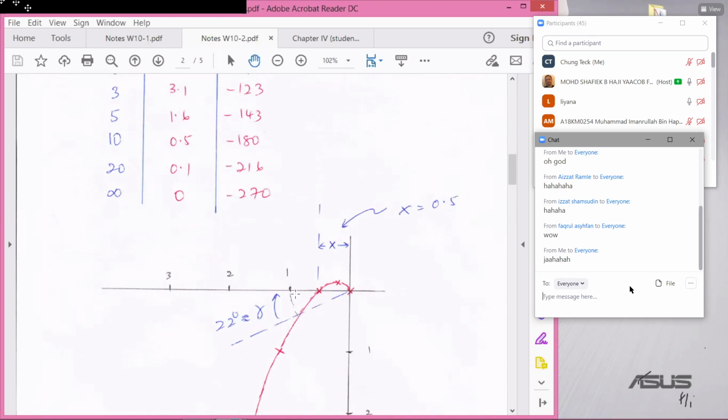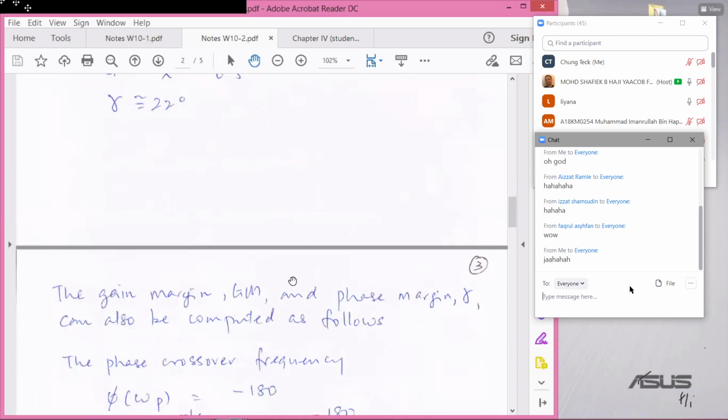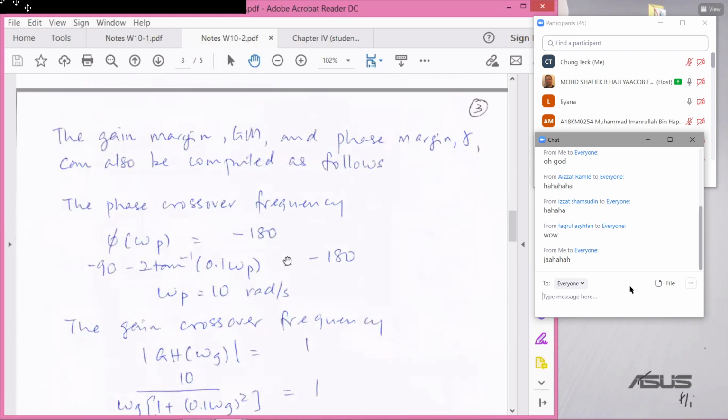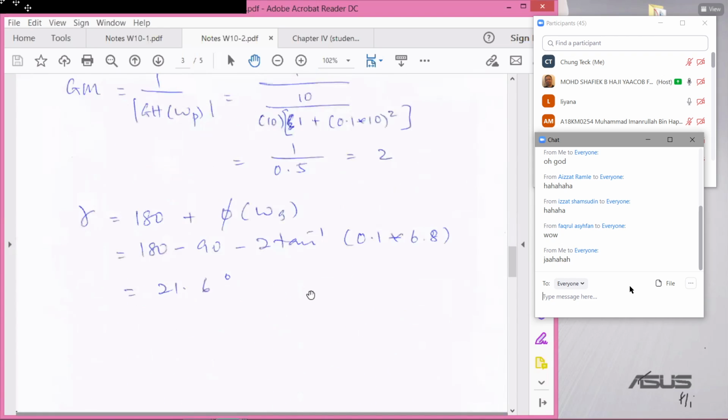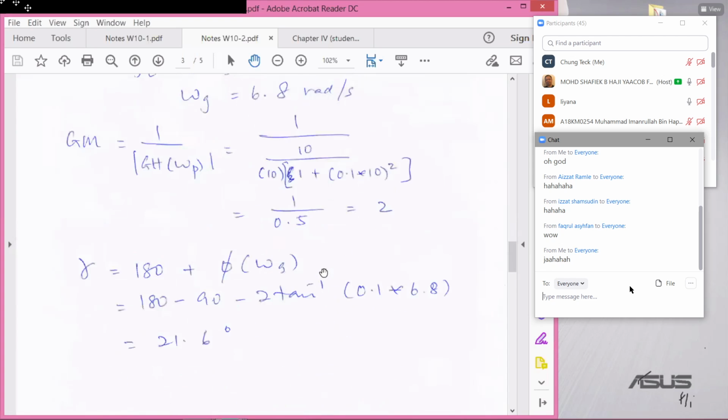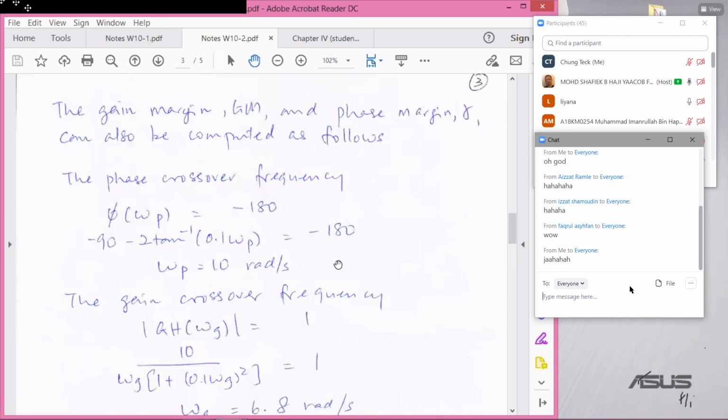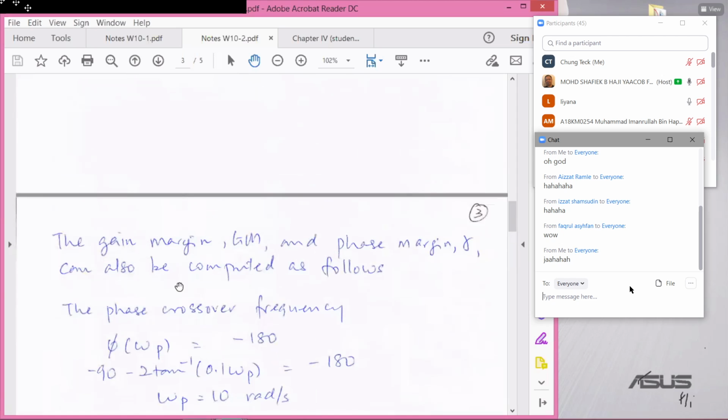So that is already the maximum value of K that you can have before it becomes unstable. Okay, so again, you can compute the gain and phase margin, the same way as the previous equation. So we have answered this.